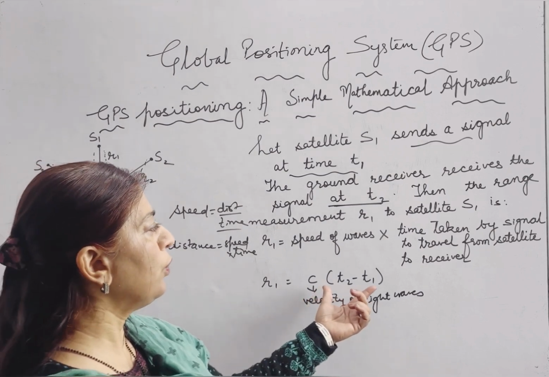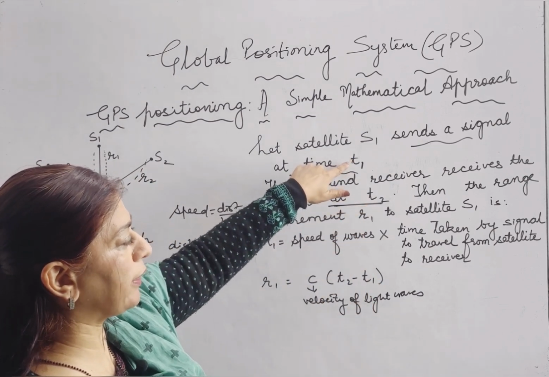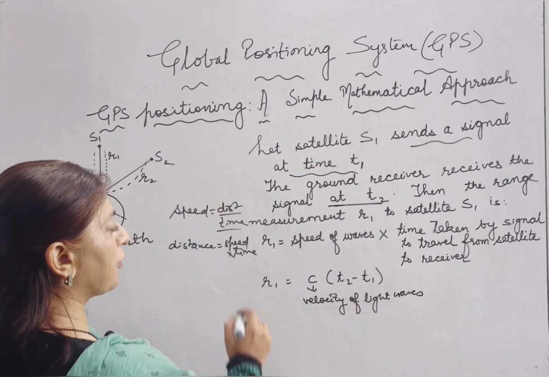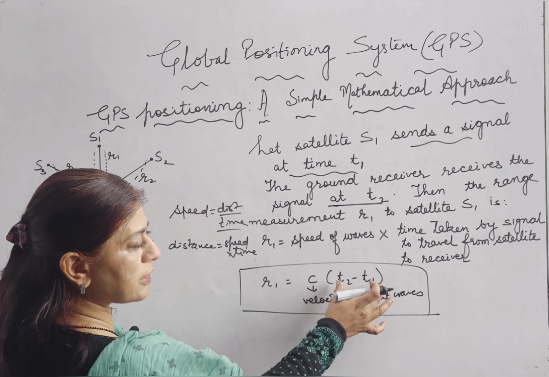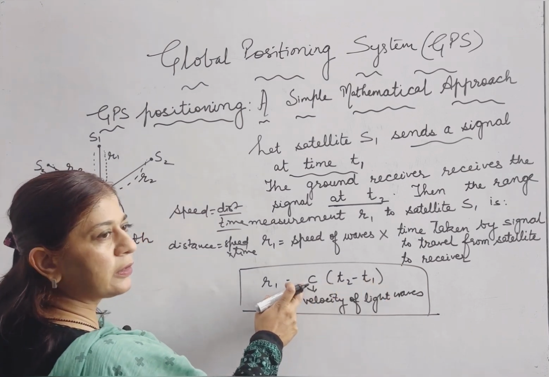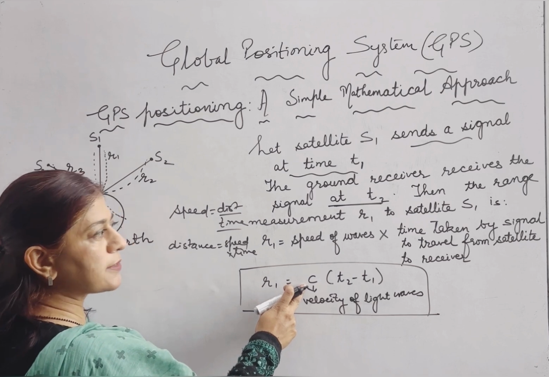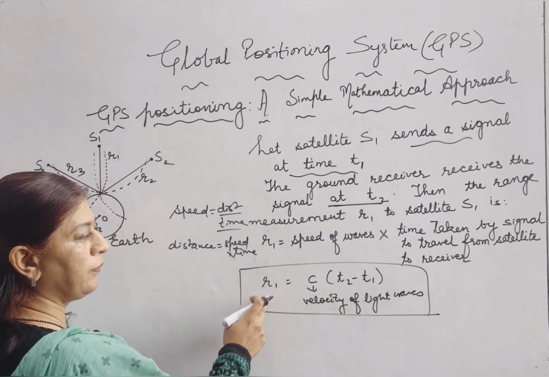It is multiplied by the time taken. Now the time taken is the difference of T2 and T1. So we are getting R1 by putting the values. This T2 minus T1 can be noted down, and we know the velocity of the radio waves that are being sent. By multiplying them, we will get R1.